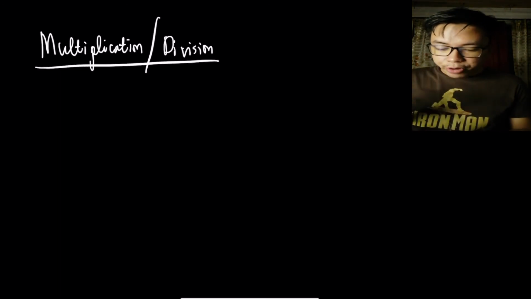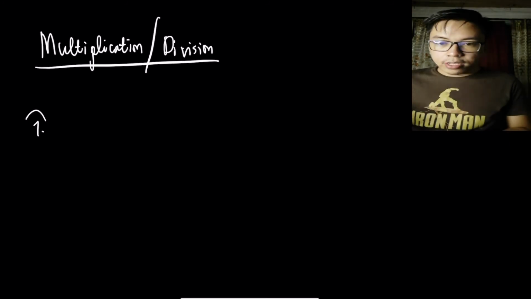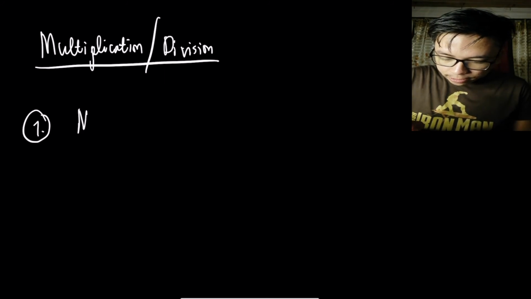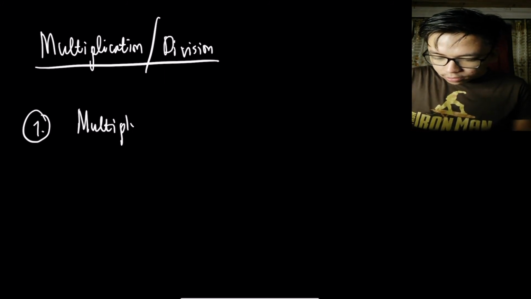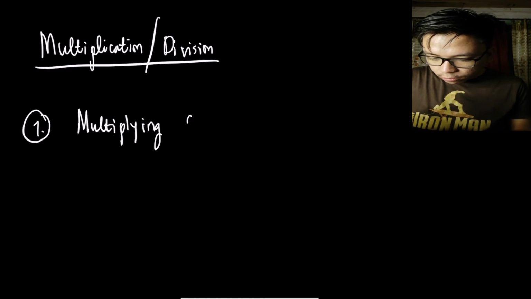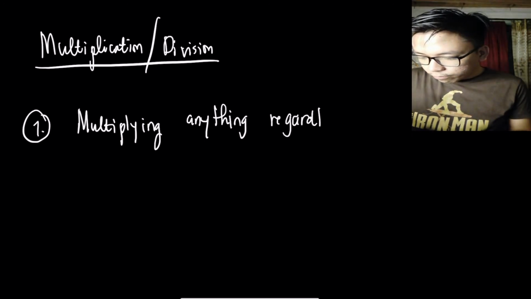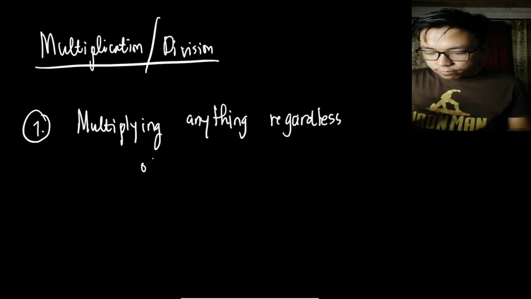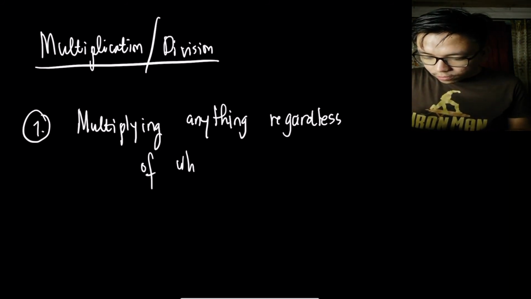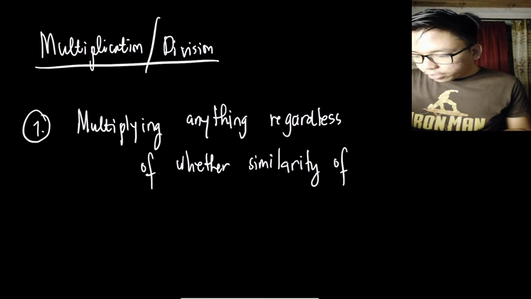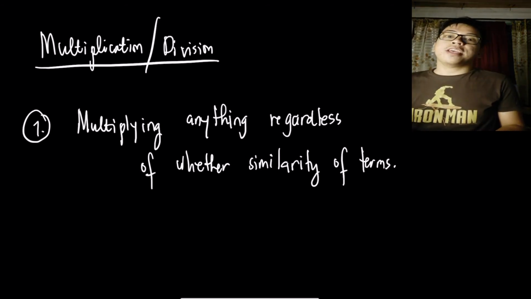So when multiplying expressions, number one rule is you can multiply anything, regardless of whether similar terms, similarity of terms. So whether they're similar terms or not, you can multiply them.